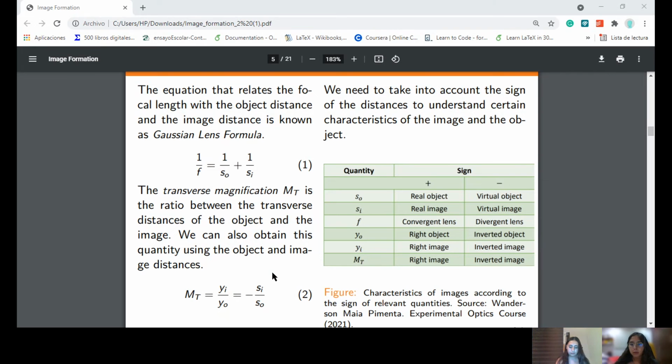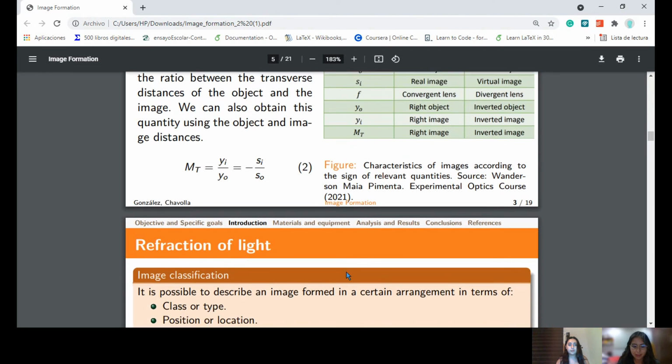Also, we need to take into account the sign of the distances that we define to understand certain characteristics of the images and the object. For example, if an object is real or virtual, if an image is real or virtual, the type of lens we are using, and the position of the object and the image, all of this is given by the sign of the distances we define, and we can see these relationships in this table.